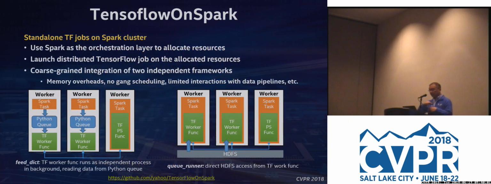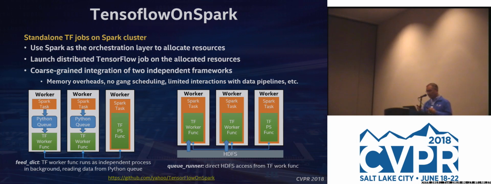Next, there is work from Yahoo. Besides BigDL, Yahoo actually has an open source project called TensorFlowOnSpark. It essentially uses a Spark cluster or Hadoop cluster and then runs standalone TensorFlow jobs on that cluster.